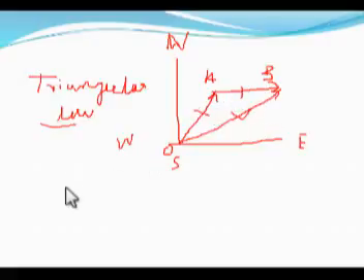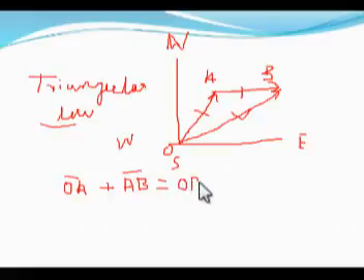So here we get that OA vector, the position vector of point A, plus AB vector is equal to the resultant vector OB, the position vector of point B. We wish to know the vector AB by representing it with the position vectors.